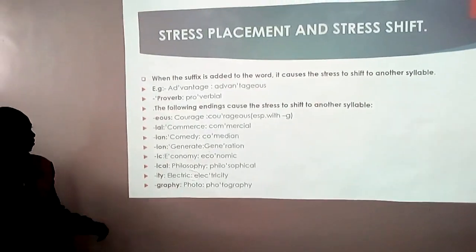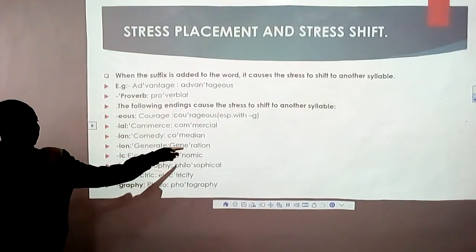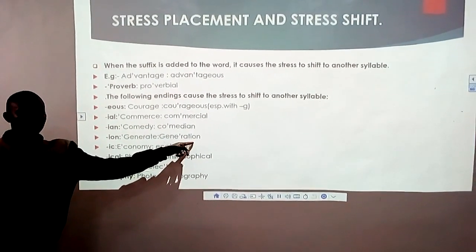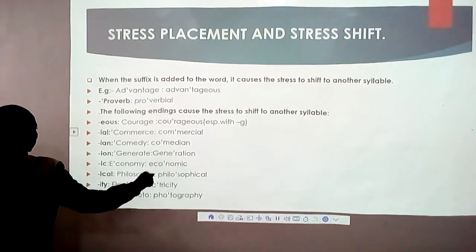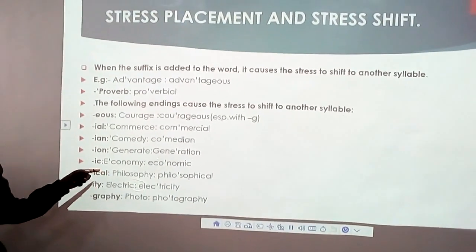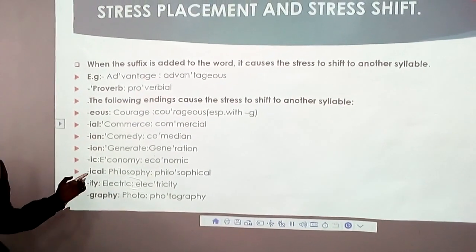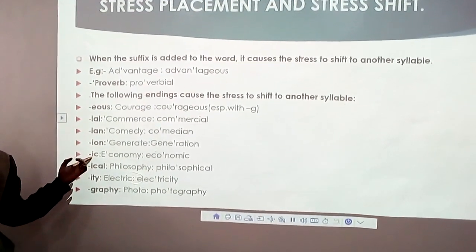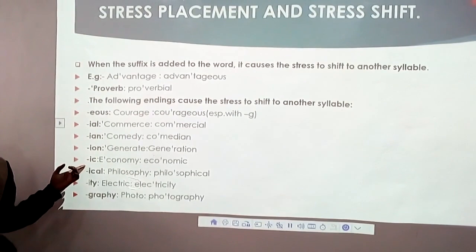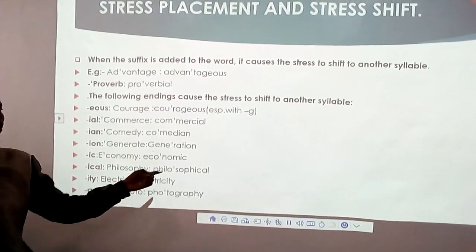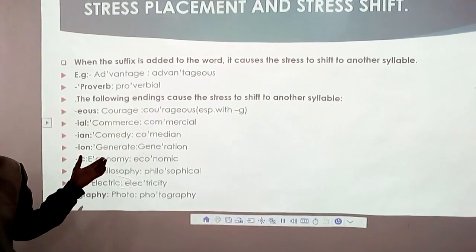Now, generation, because of this ending, the stress has moved. Now you can consider the following words. They are just like this. For words ending in -ic and -ical, they are stressed the same way. We don't have any problem about this. Philosophical. Think about such words.